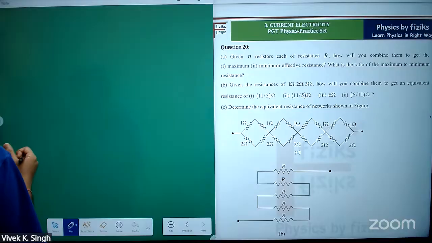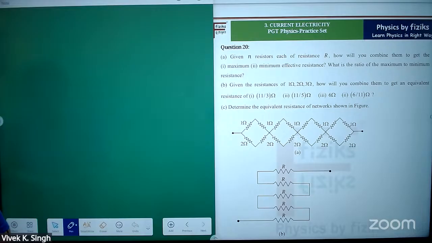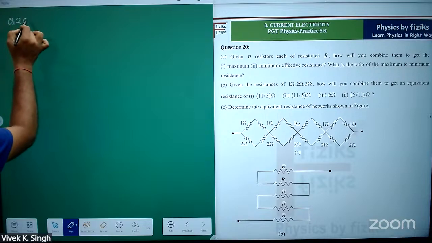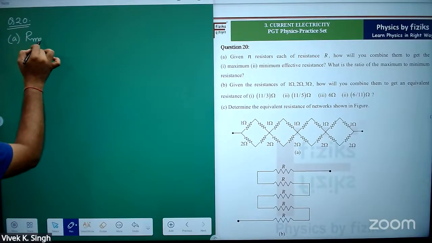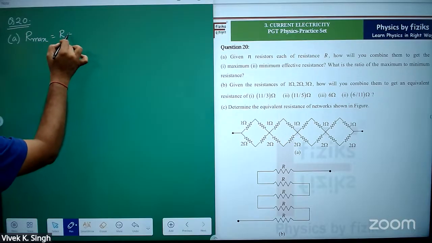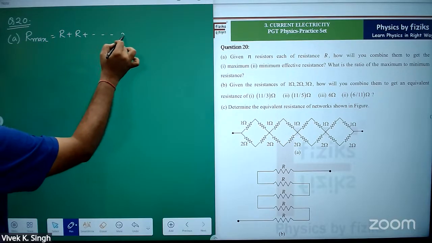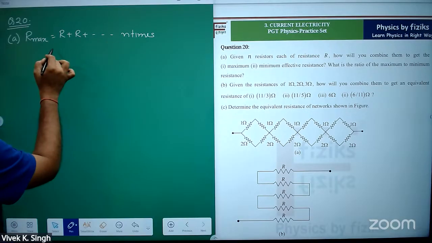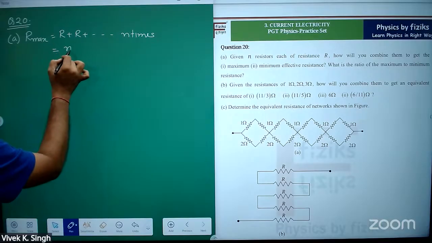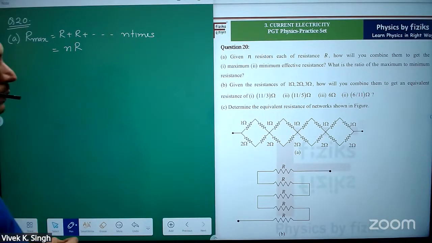So let's see, question number 20, A part. R maximum will be R plus R, n times. So this will be n into R. This will be the maximum value.